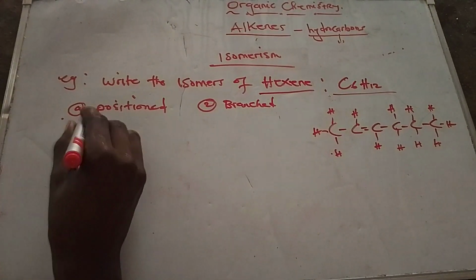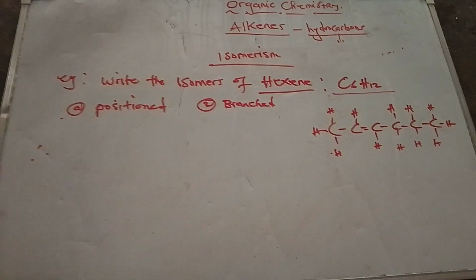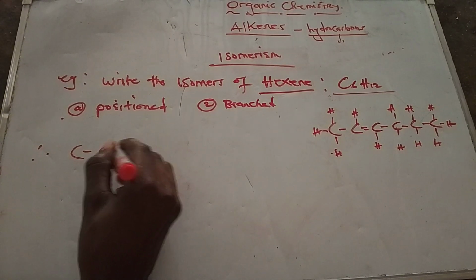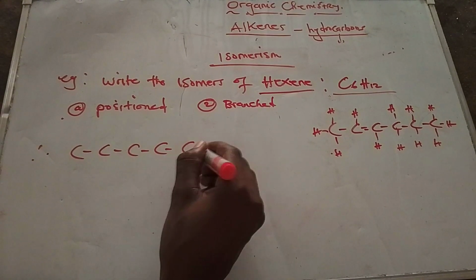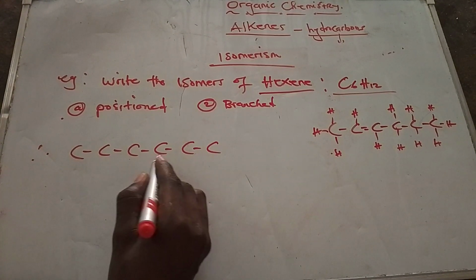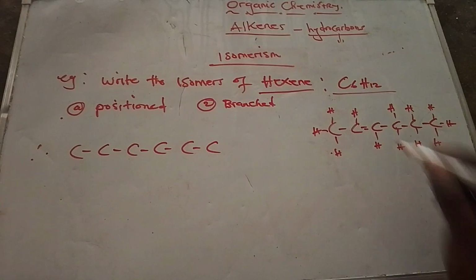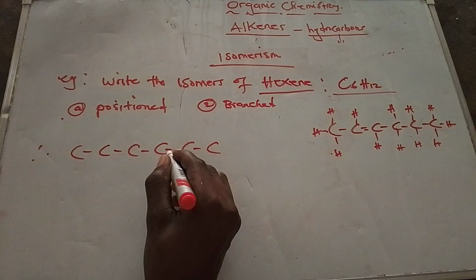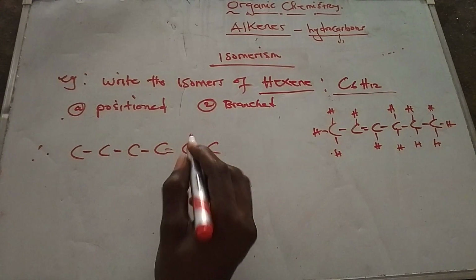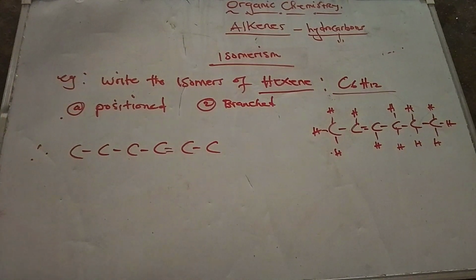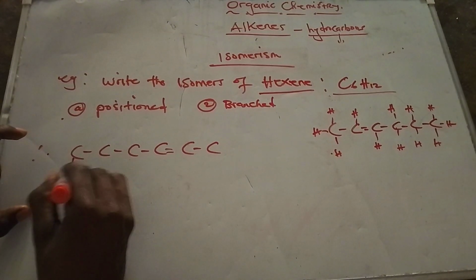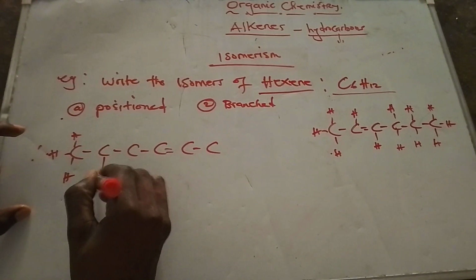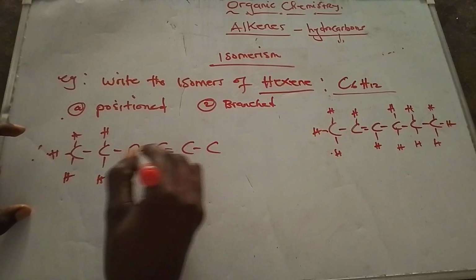So this one, I'll write like this: 1, 2, 3, 4, 5, 6. The first one is here, so I'll put the double bond somewhere here. In that case, I have written my positioned isomer.